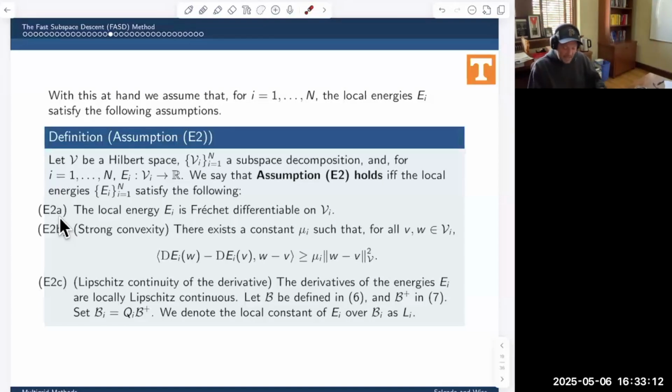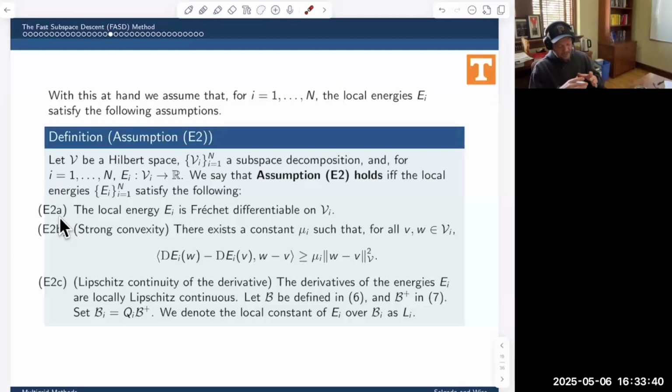So we can't use B because B is an energy set in the parent space. What we can use is a projection of that. So we're going to take the projection not of B, but of that puffed up version of B called B plus. And we're going to call that B_i.